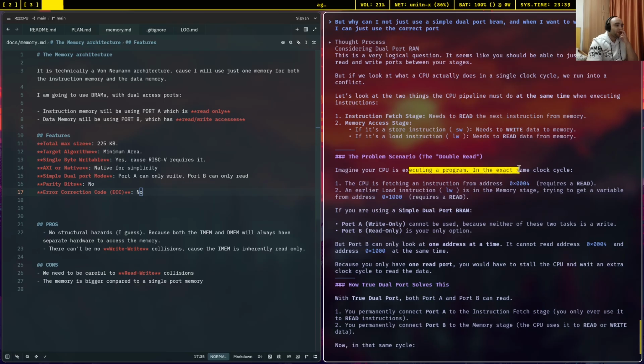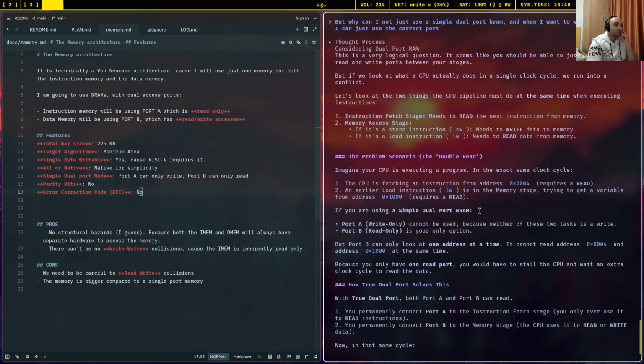Imagine a CPU is executing a program. In the exact same clock cycle, the CPU is fetching an instruction from address 0x0304. An earlier load instruction is in the memory stage, trying to get a variable from address 0x1000.